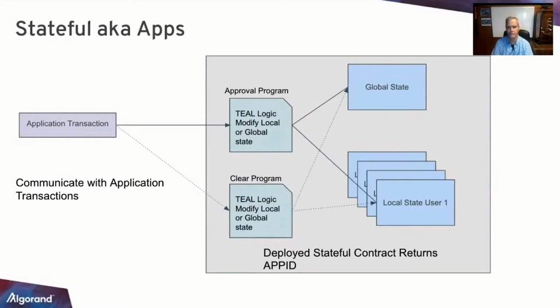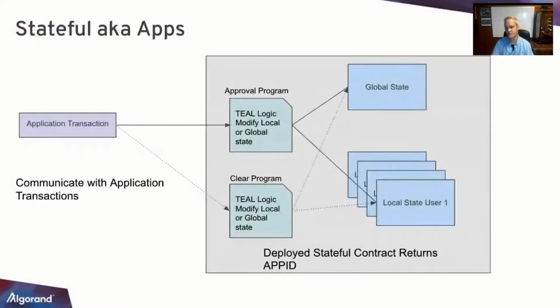When you create a stateful smart contract, you get an application ID for that particular smart contract. To communicate with it, you use a set of transactions. Depending on the transaction type, one of the two TEAL programs will fire and it will execute its logic and do whatever it does.